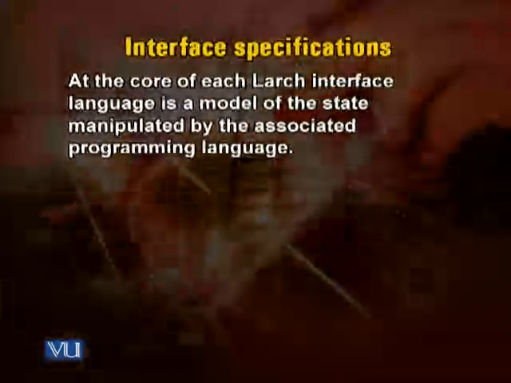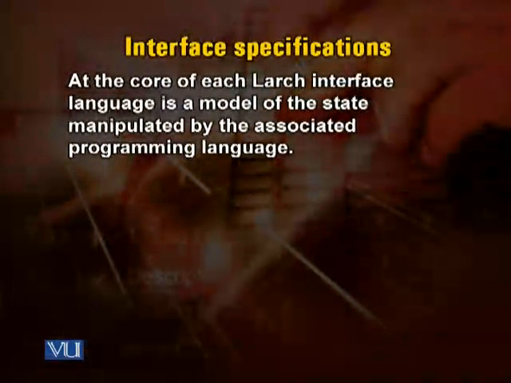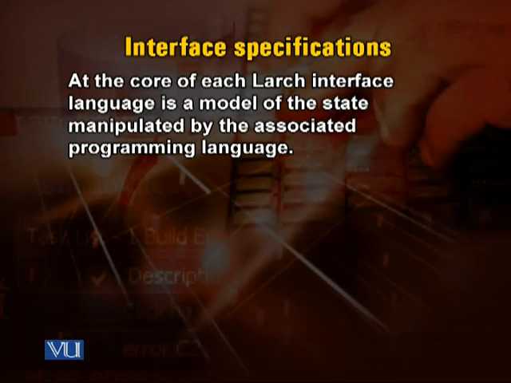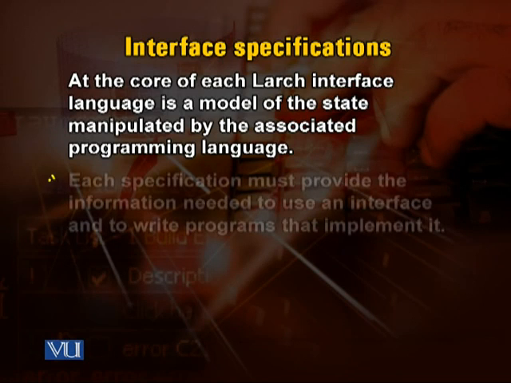Today we shall continue that discussion, and I will talk about certain things we need to know about the Larch interface languages. Let me go back to the slide and read from it, and then I'll explain those concepts. At the core of each Larch interface language is the model of state manipulated by the associated programming language.